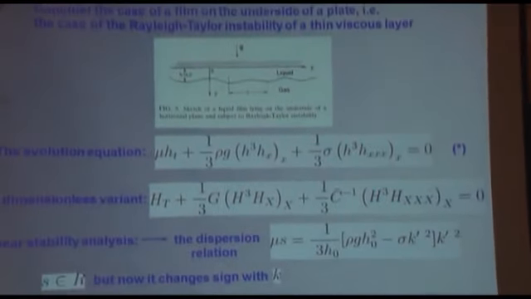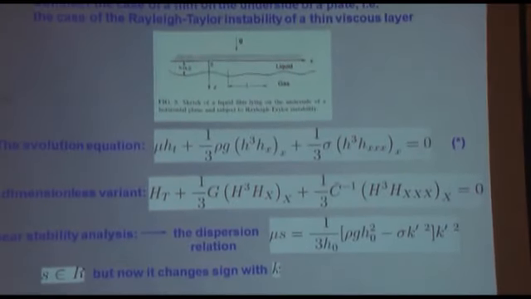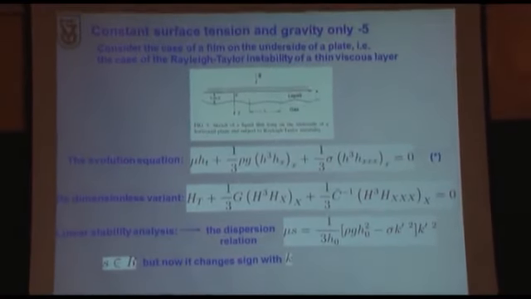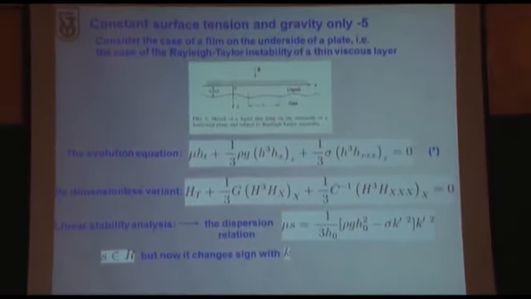The only difference is that gravity is negative now, so to speak. In the positive gravity case, this term had a negative sign. Now it's with a positive sign. This is its dimensionless version.